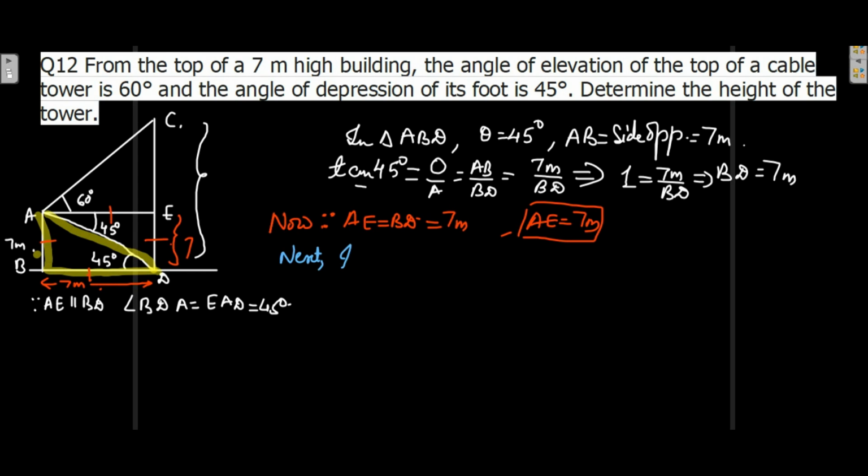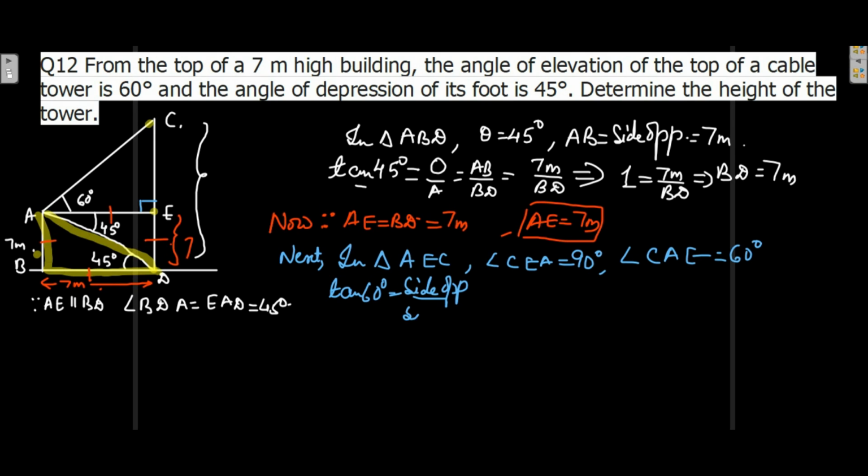Next, in triangle AEC, you know this is 90 degrees. Angle CEA is equal to 90 degrees, and angle CAE is 60 degrees, and we have to find CE. Again, tan of 60 degrees will be equal to side opposite upon side adjacent.